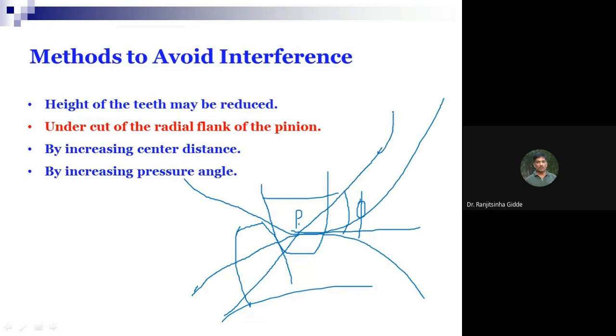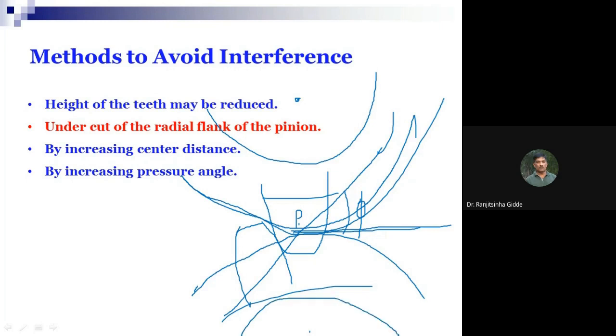And this is the common tangent to the base circle. Now, once we increase the center distance, the imaginary pitch circle will be as it is, but the base circle is going to change its position, and now we will have another line.